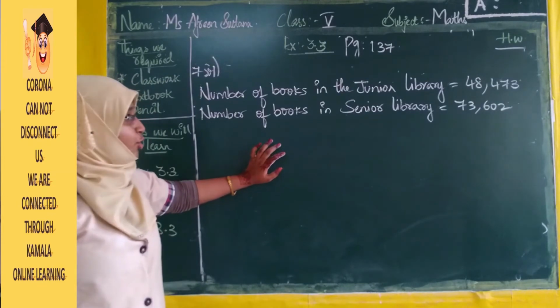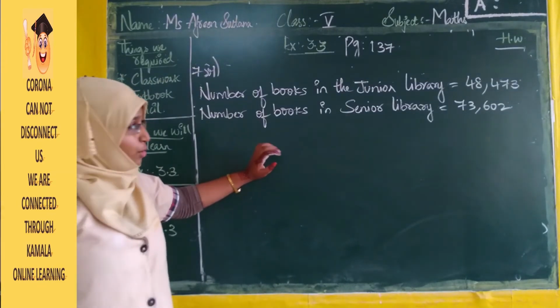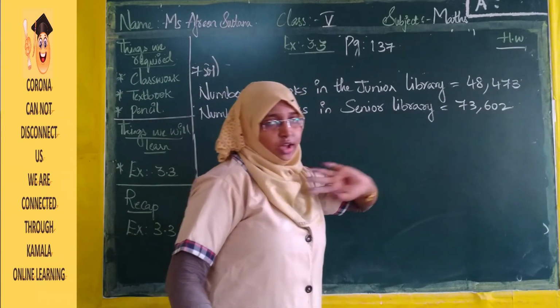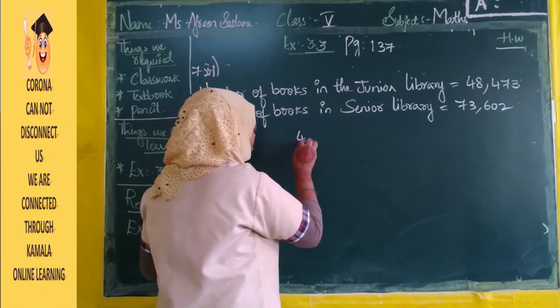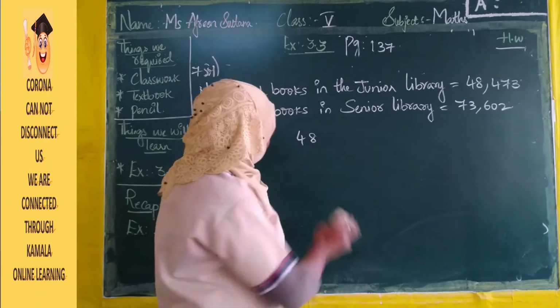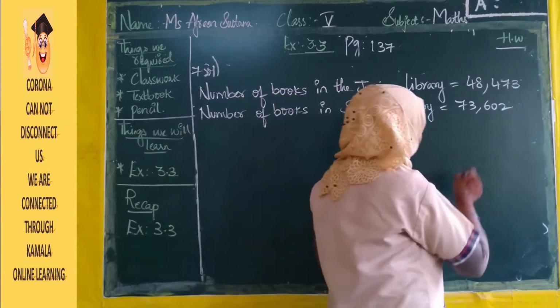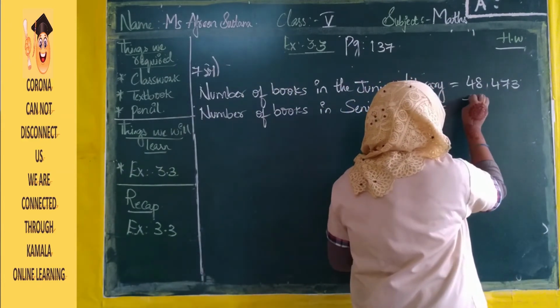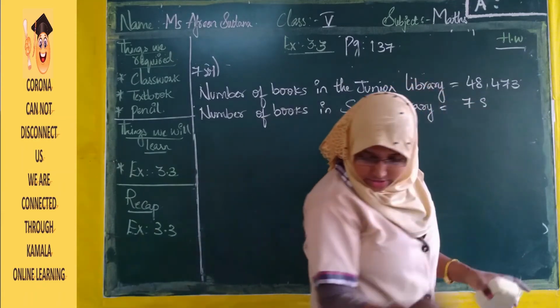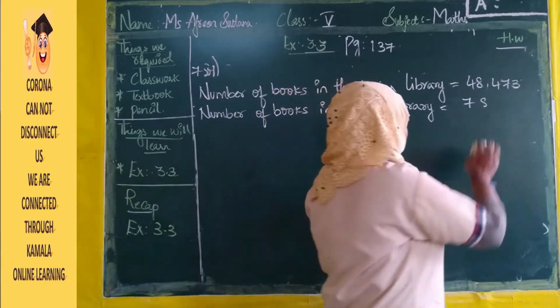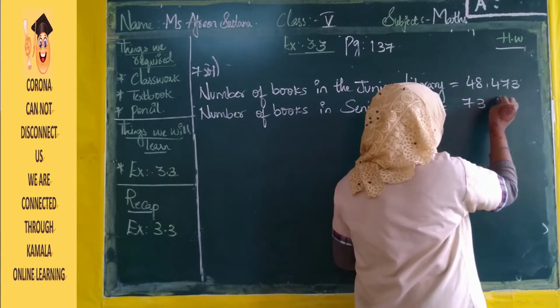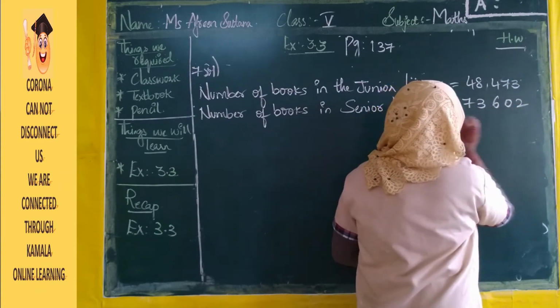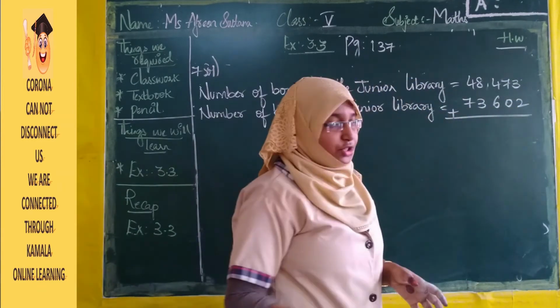Firstly, we need to find the total number of books in both the libraries. To find the total, we will add these two values.